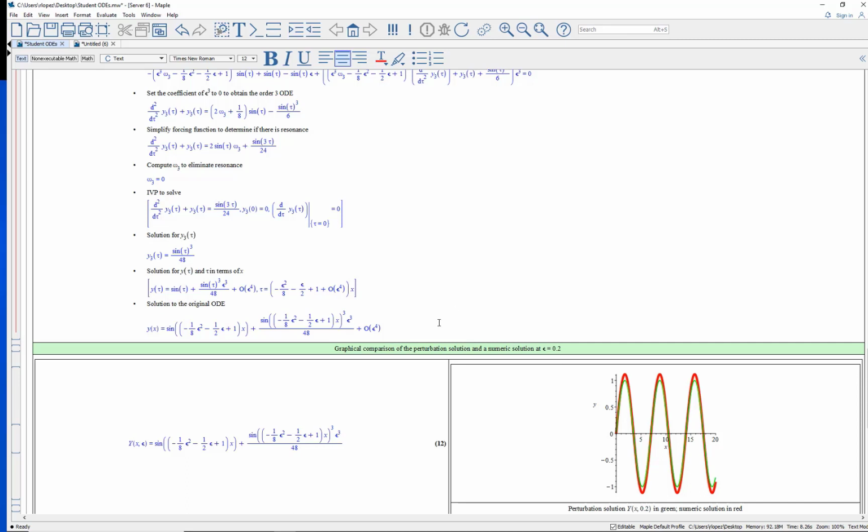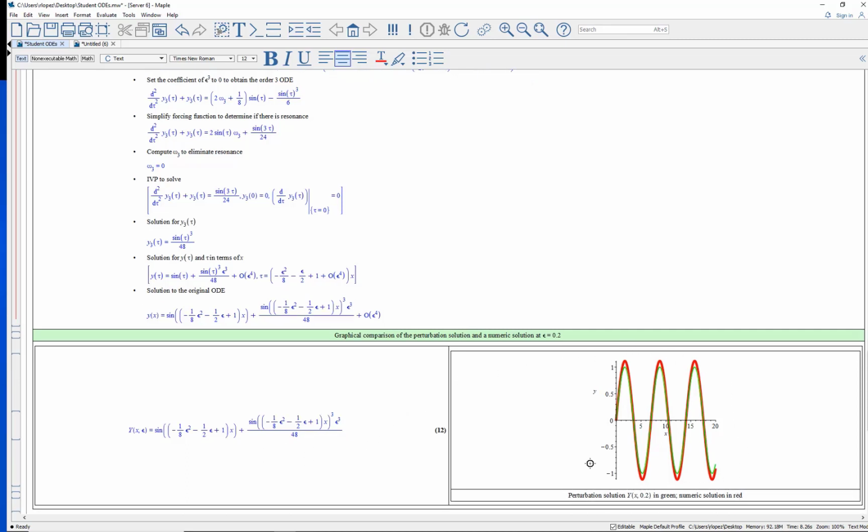And then you ask yourself, how good is this perturbation scheme? And so I set epsilon equal to 0.2, just pull a number out of the air. This is what the solution looks like when epsilon is 0.2. But in this equation, epsilon is set equal to 0.2.